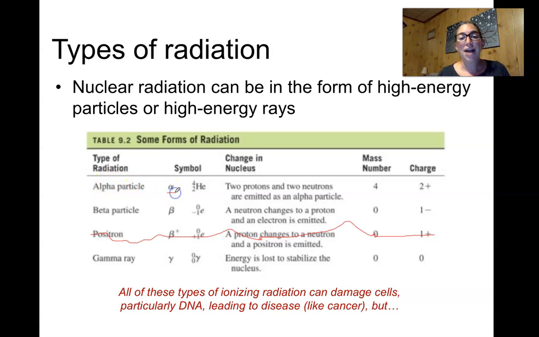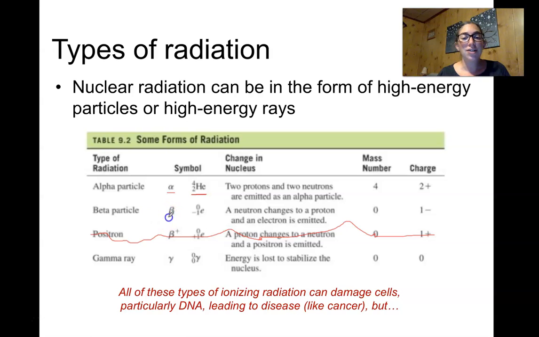This is the Greek letter alpha that represents an alpha particle. An alpha particle is actually made up of 2 protons and 2 neutrons, which is basically the same thing as a helium nucleus. So this is the symbol that we use in equations when we're talking about an alpha particle and alpha radiation.